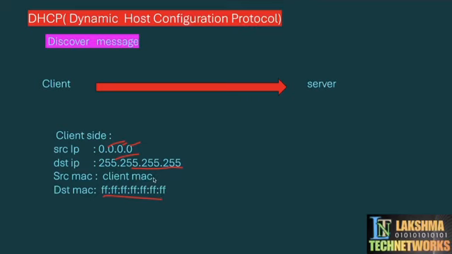This is the message when you connect to the LAN network, and this information will be processed using the bootstrap protocol, BOOTP, based on the operating system. Based on that startup protocol, we can process this request.